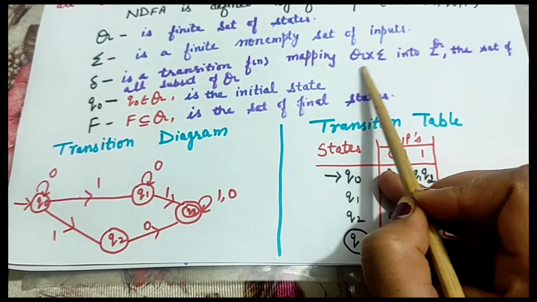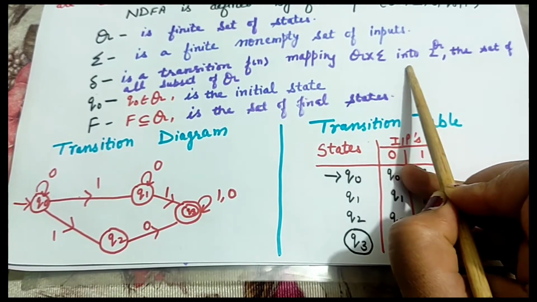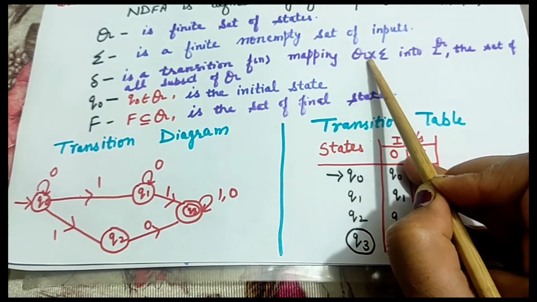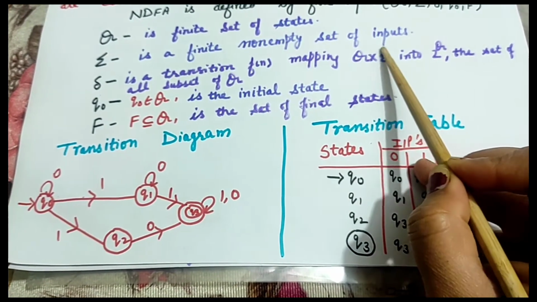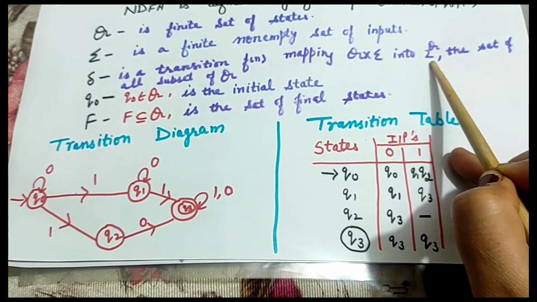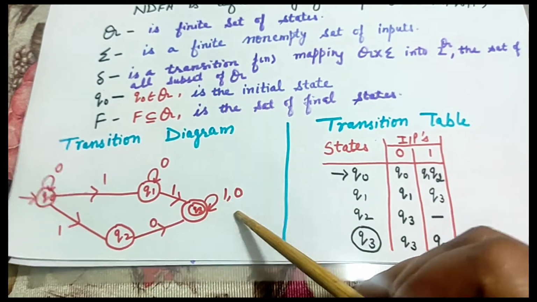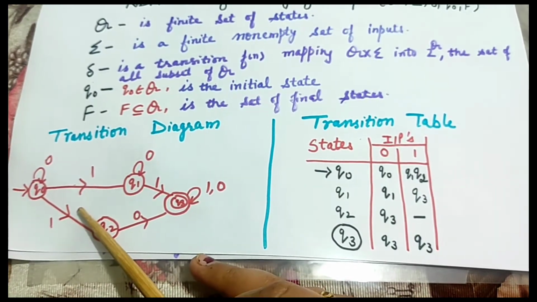That's why this transition function is also written as Q into sigma into 2 raised to power Q, meaning when we provide a set of states and a set of inputs, the next state may be of the power set 2 raised to power Q. Same as the transition diagram shown here, it is non-deterministic.